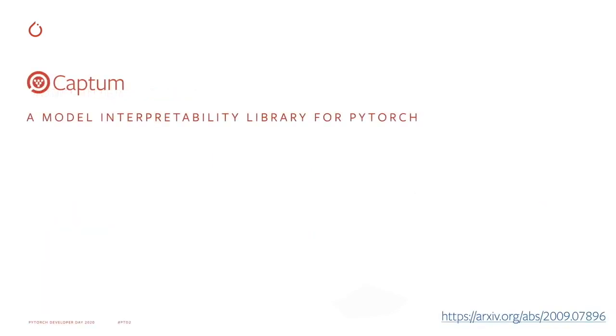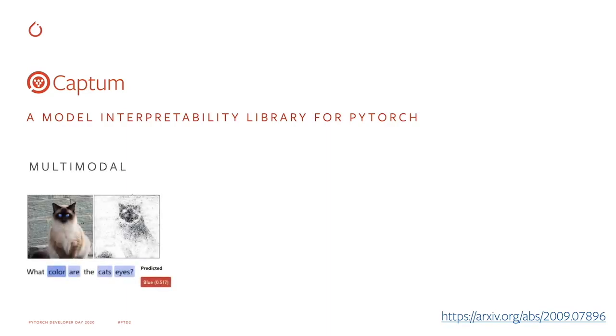For those reasons, we developed a library called Captum. As I mentioned, we introduced Captum during a previous PyTorch Developer Conference, but I'll recap the library before we dive deeper into the new features and algorithms. One of the important characteristics of the library is multimodality. This means that we can use the library for any type of PyTorch model and features.